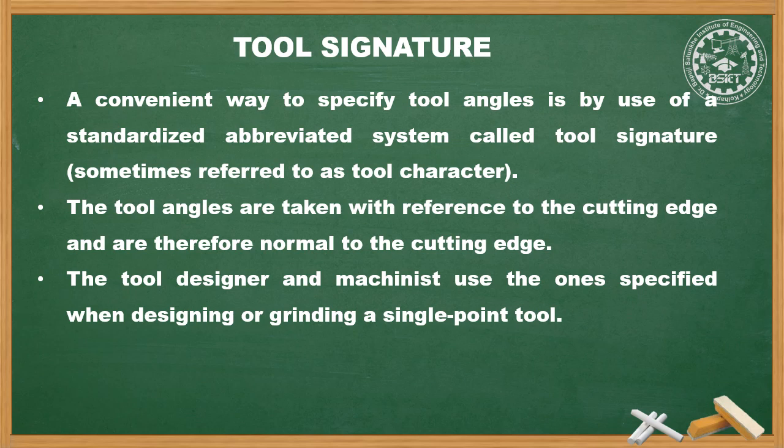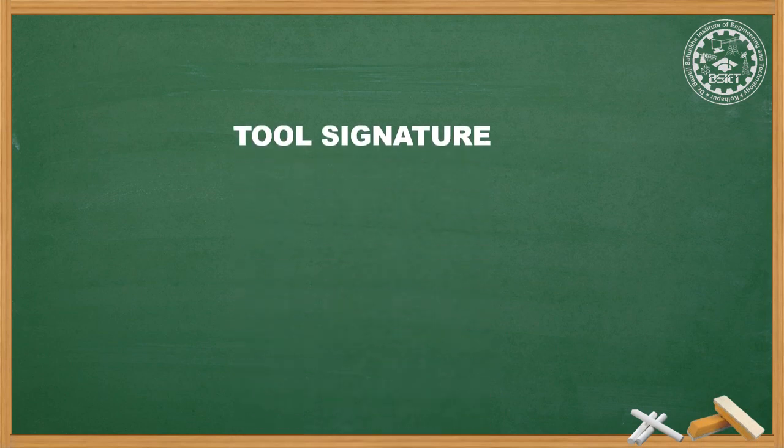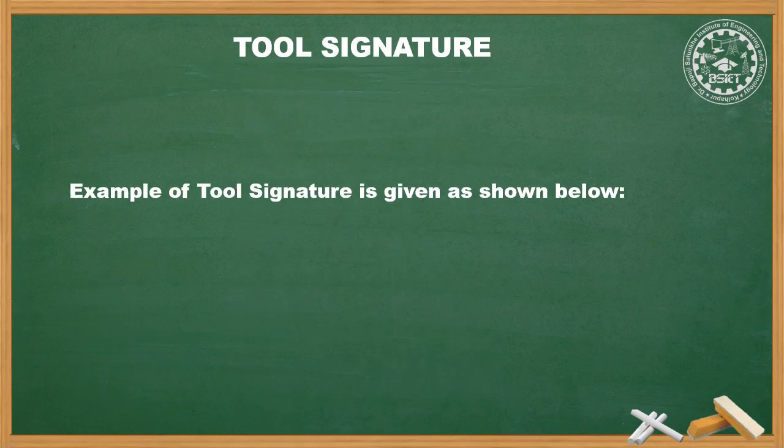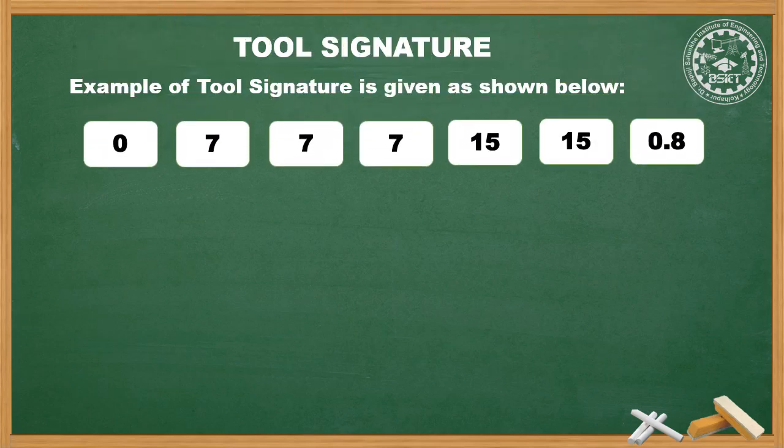Let us see one example of how tool signature is given to the single point cutting tool. The tool signature basically consists of all angles and the nose radius given as 0, 7, 7, 7, 15, 15, 0.8.